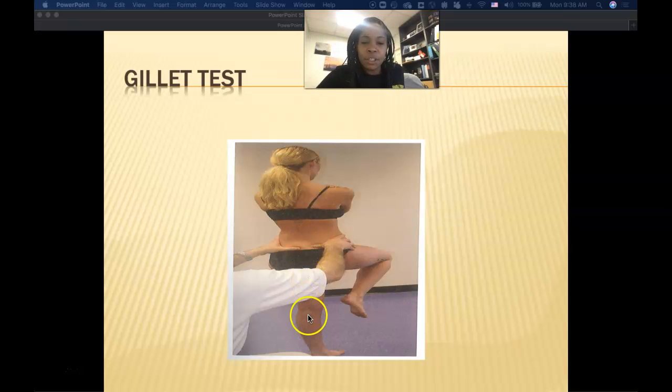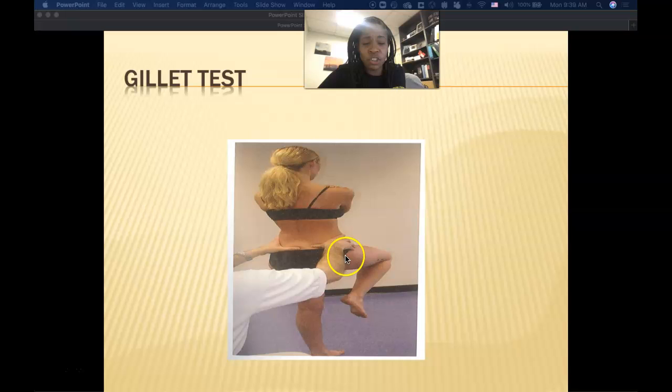So in a standing position, what you're going to have the patient do is actually flex the knee of the injured side. And what you're looking for is behavior of the PSIS. So when the hip flexes, contrary to the trunk flexing, when the hip flexes and the knee flexes, what you should see on a normal side that isn't dysfunctional is that thumb will drive inferiorly, right?